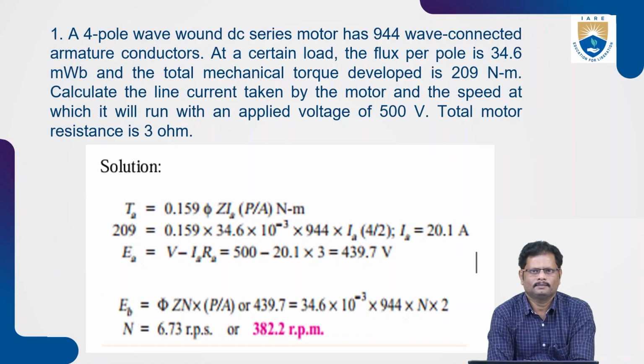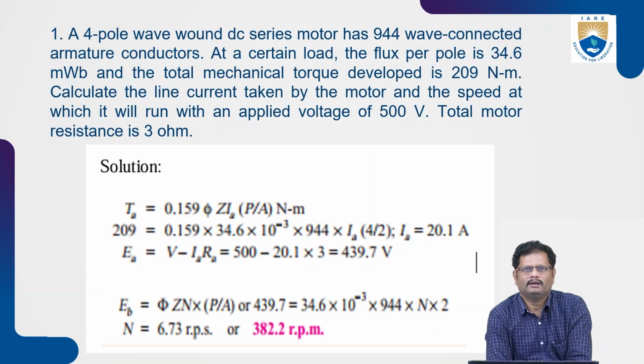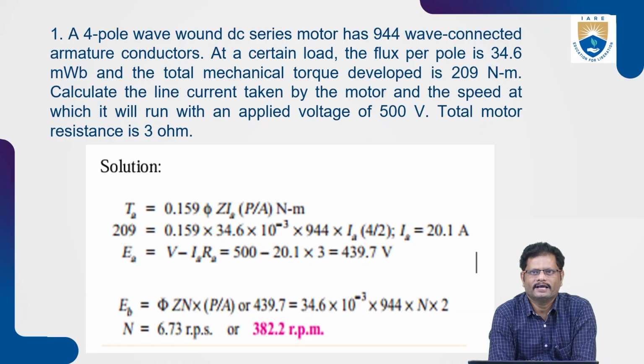Coming to the numericals regarding torque expressions and shaft torque, useful torque, whatever it may be. First problem: a 4-pole wave-wound DC series motor has 944 wave-connected armature conductors. At a certain load, the flux per pole is 34.6 milliwebers and the total mechanical torque developed is 209 Newton meters.